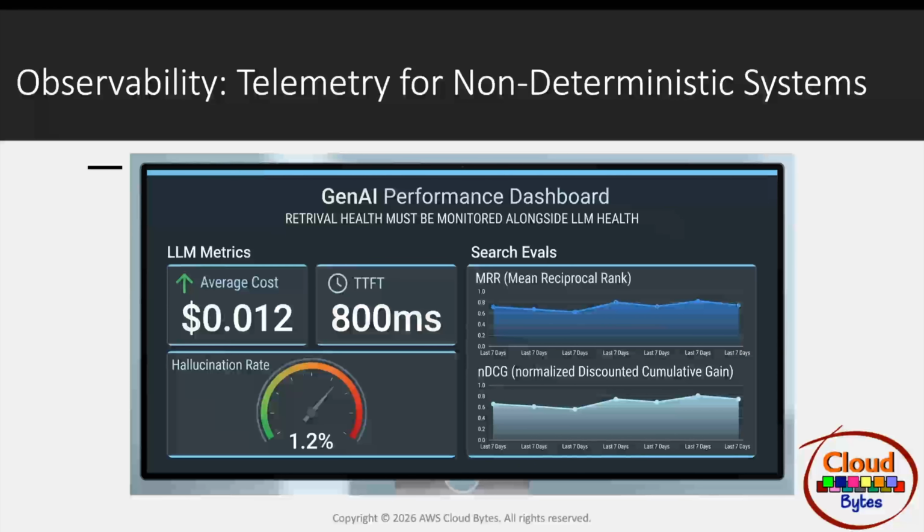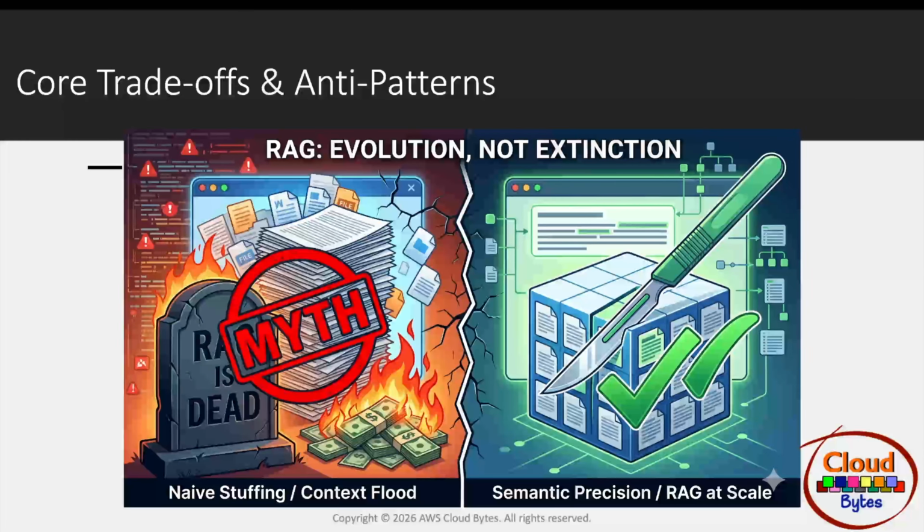As architects, we must ensure guardrails against bad engineering patterns. The most common anti-pattern today is the giant context window trap. You will hear people say RAG is dead because models now support 2 million tokens. This is an illusion.